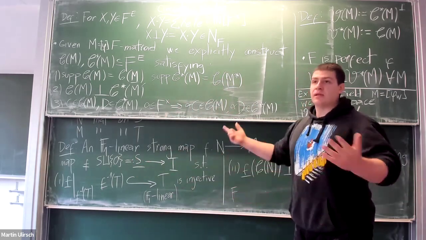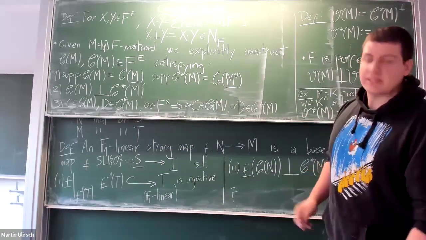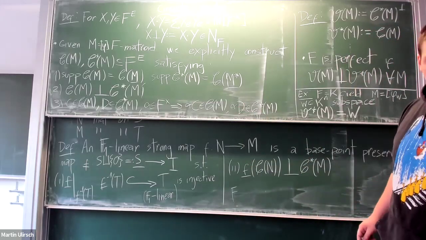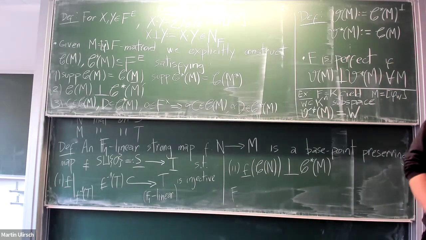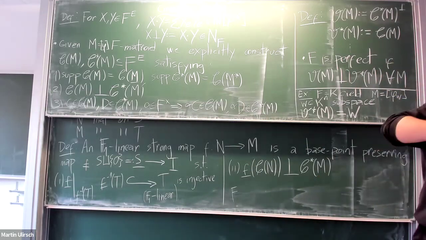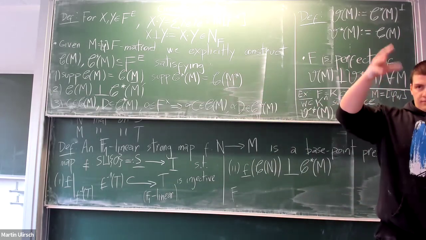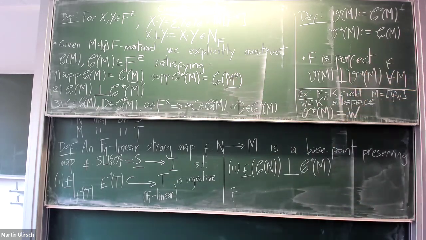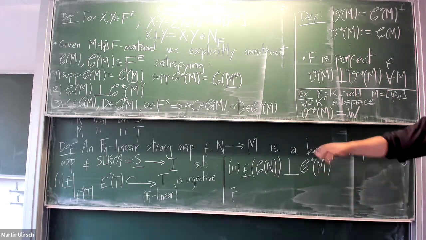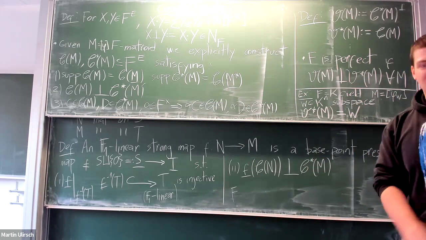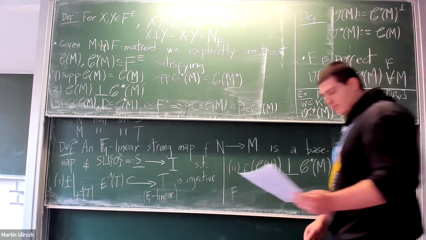So it's not F1 linear. Besides that, every strong map is included here. So we have, for example, inclusions of restrictions of a matrix into the bigger matrix, contractions, and quotients. So basically, any strong map that does not collapse parallel elements.